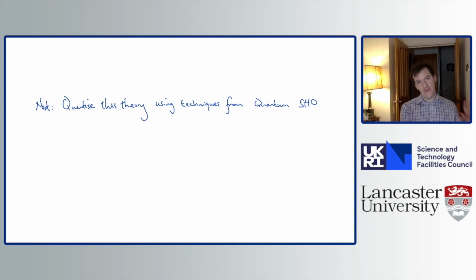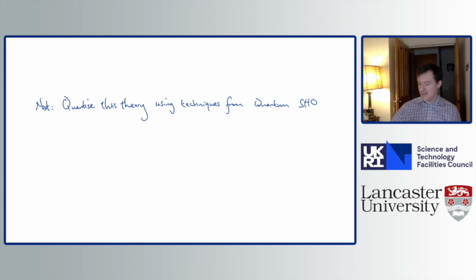This is going to turn out to be useful when we want to quantize this theory. Everything we've done so far has just looked at the classical Klein-Gordon equation, but we want to quantize it. So one thing we will do is quantize this theory using techniques from the quantum theory of the simple harmonic oscillator, because we know how to quantize the simple harmonic oscillator. That's actually what we're going to discuss next.